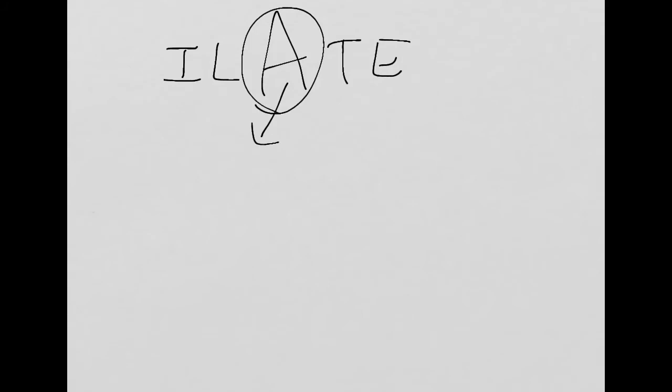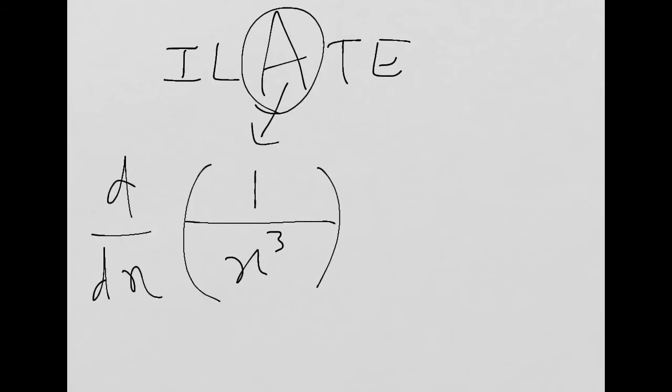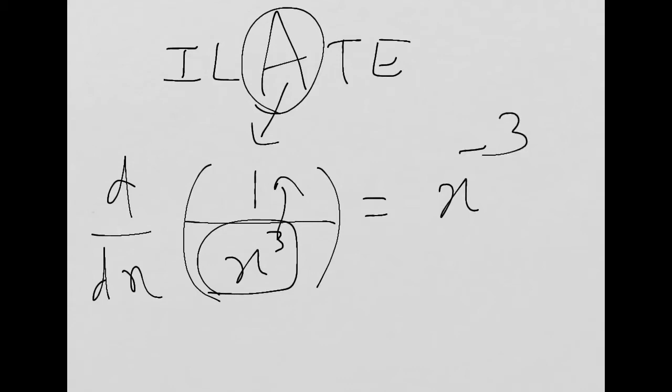Another important thing, if I have 1 by x cube and I'm asked to differentiate this. Whenever you do it, let the functions be there on the top, which means the 1 by x cube can first of all be written as x to the power minus 3 because it comes to the top. What is x power minus 3 on differentiation?